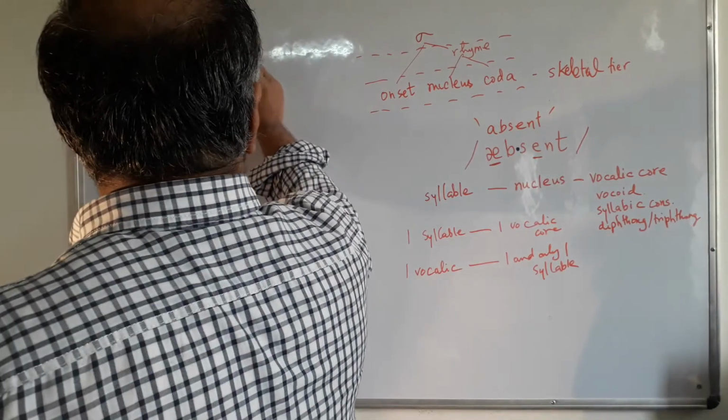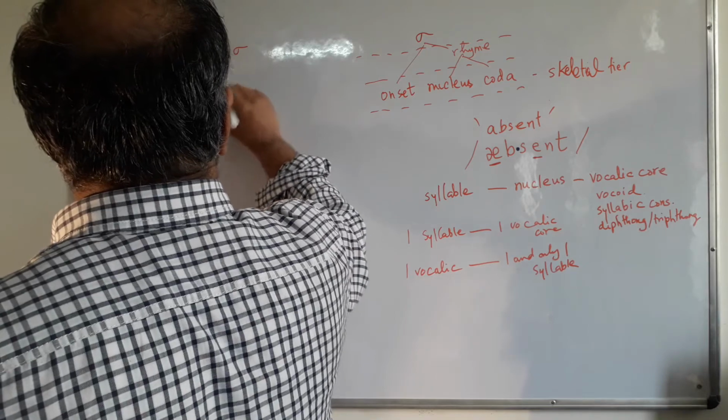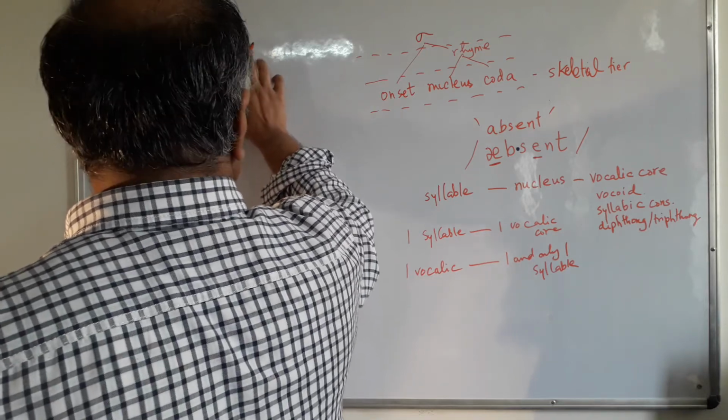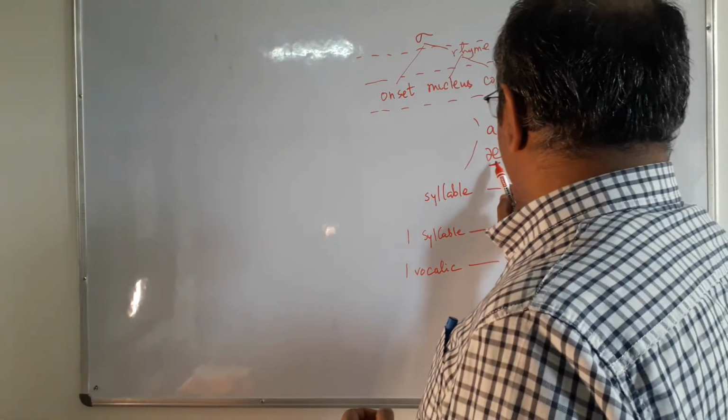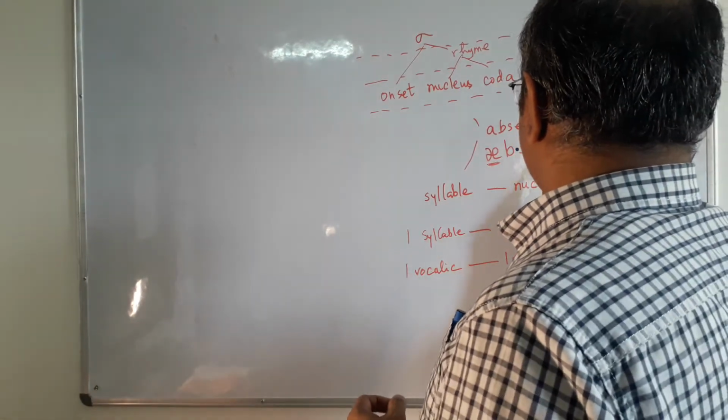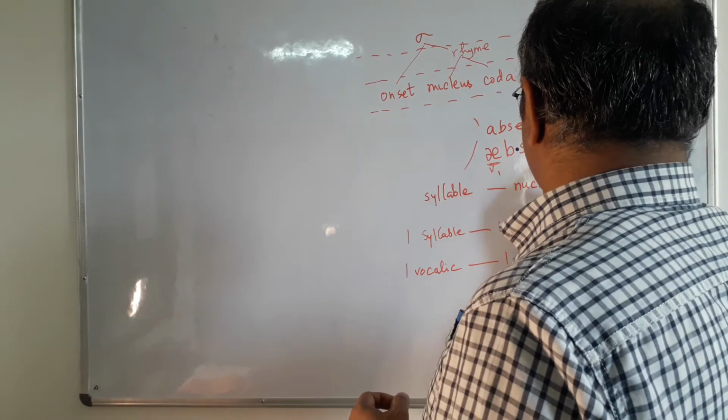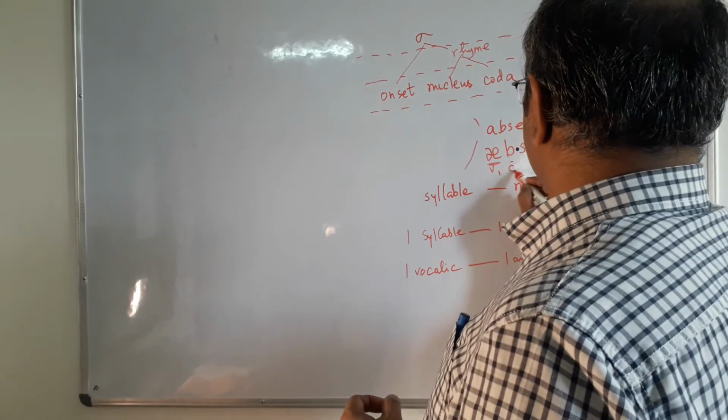So here you have the syllable. There are two syllables over here. So let us look at this. You have one vowel and another vowel. This is V1 and this is V2, and these are consonants.